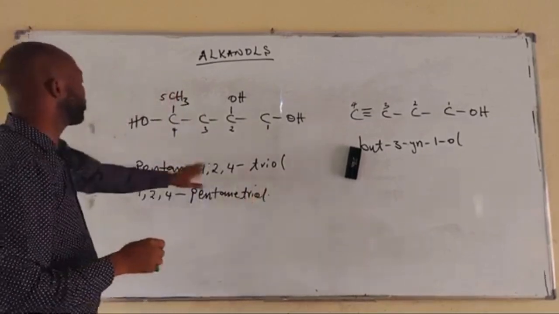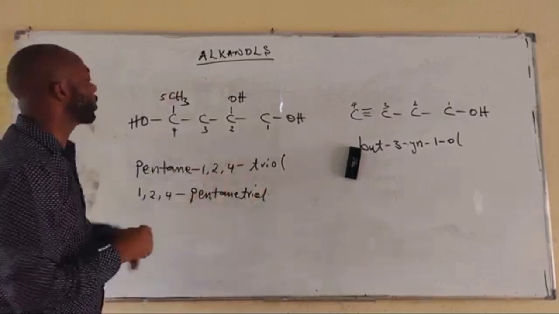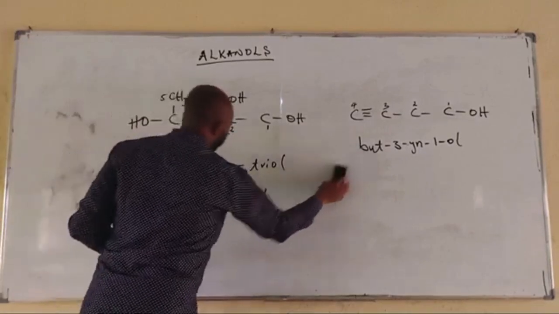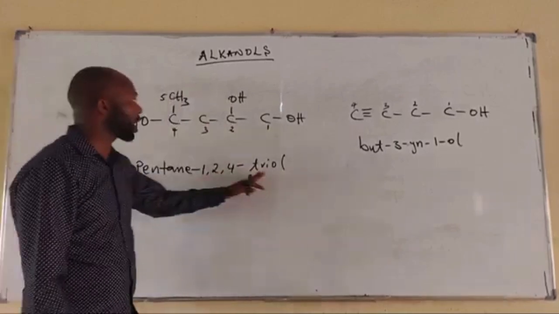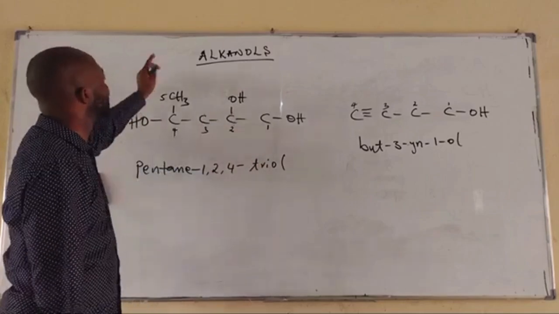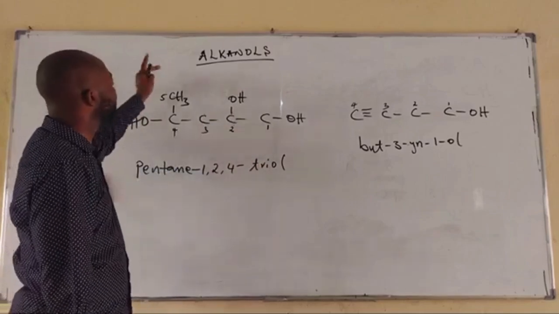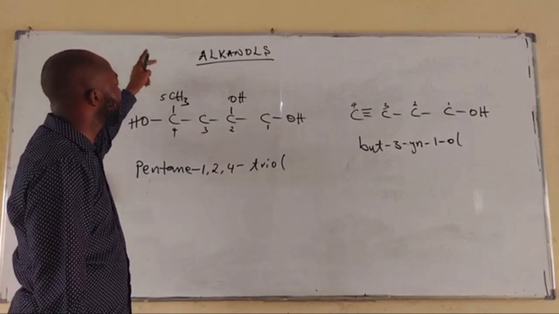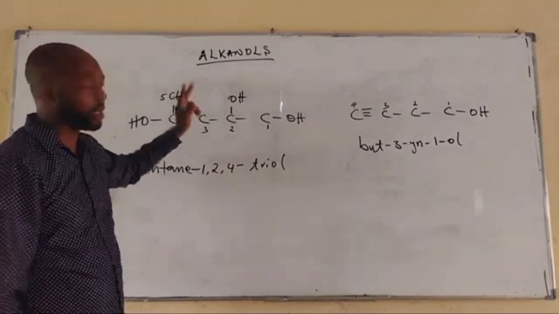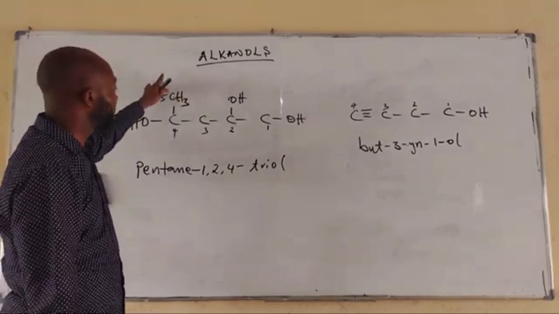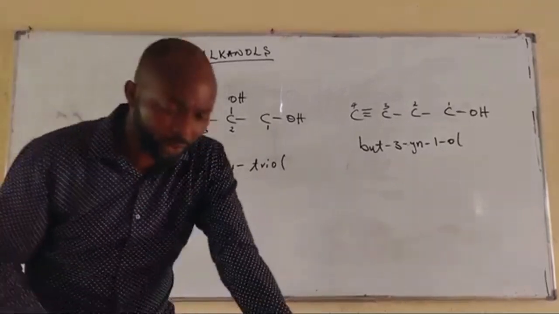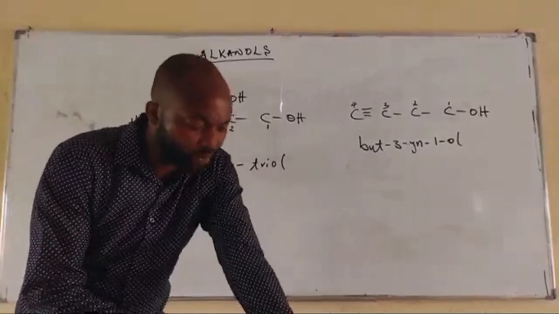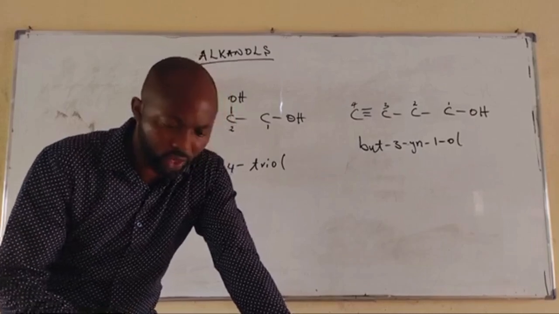I think I will go with this one, pentane 1, 2, 4 triol. So take note of this last CH3, the carbon atom. The terminal carbon cannot be a substituent. We can easily make mistakes, so let's be watchful. We are going to take a series of other examples so that we know where we are.